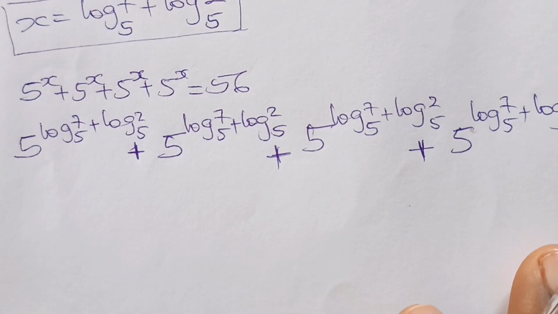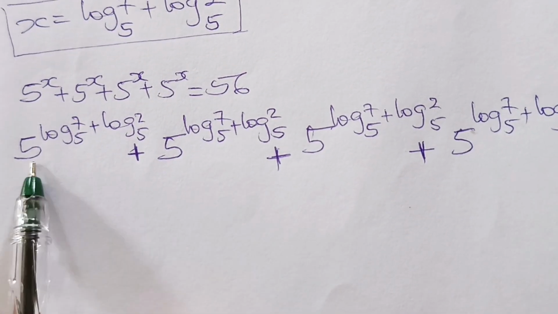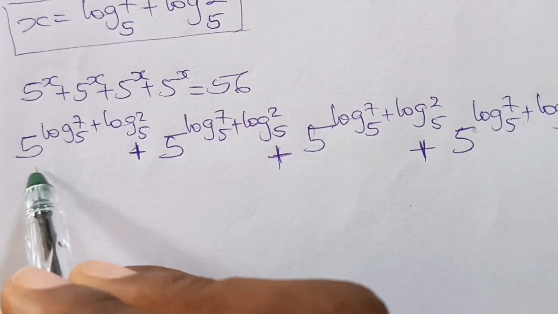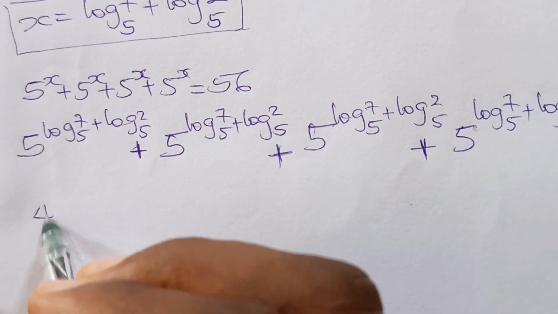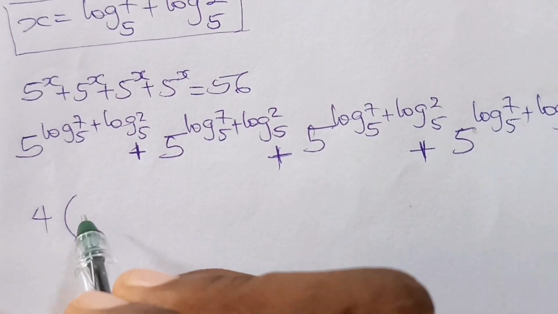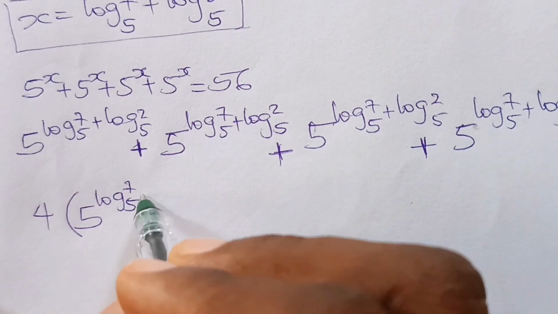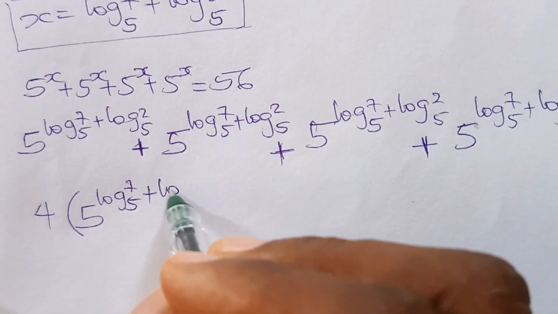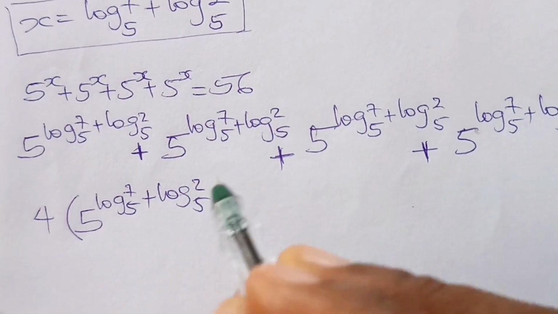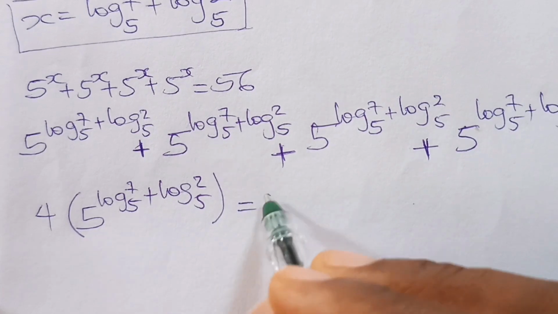Now it's going to look shorter, so don't worry. Recall that we have 5 to the power, 4 times this particular one, that is 4 multiplied by 5 to the power of log 7 base 5 plus log 2 base 5. So we've shortened it already, is equal to 56.